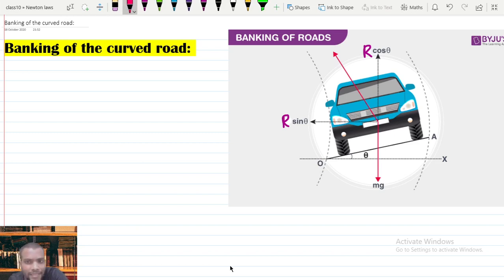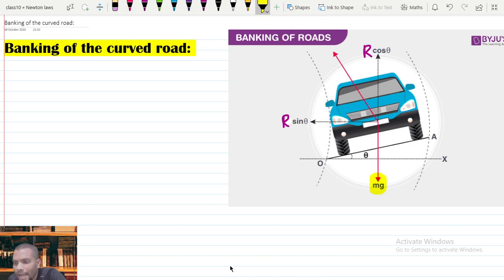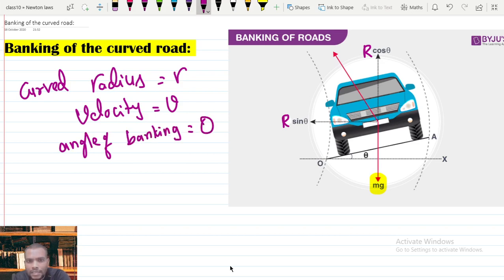To derive the expression, let's consider a car of weight mg, acting downwards, going along a curved path of radius small r, with a velocity equal to small v, and the angle of banking equal to theta.